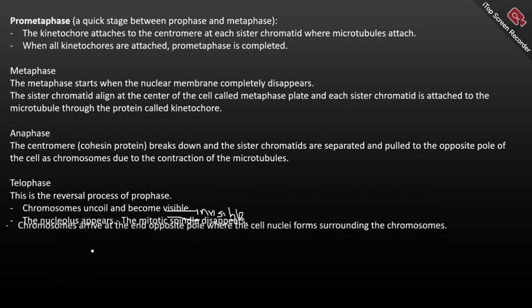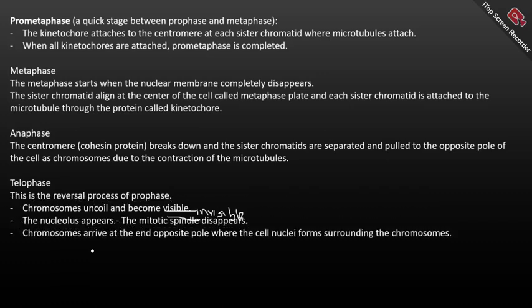And finally, the chromosomes will appear at the end poles, where the cell nuclei form surrounding the chromosomes. So something like this. We said the chromosomes have started moving to the end poles. When they start reaching this far, the nucleus is going to form.